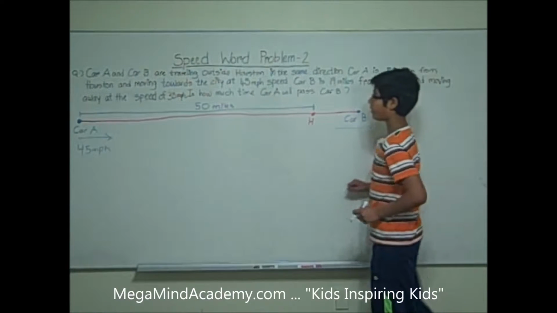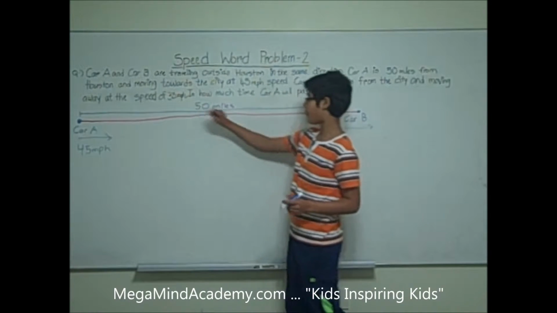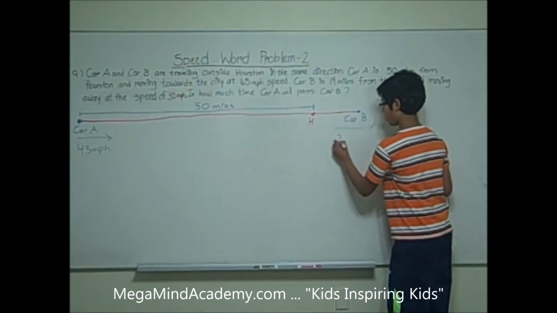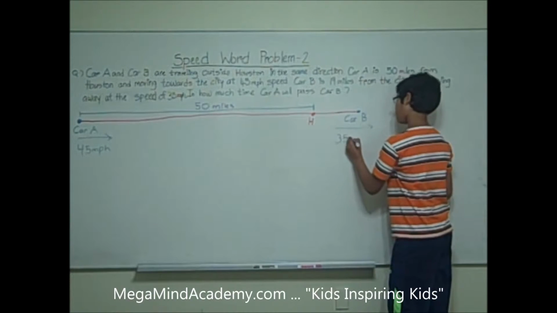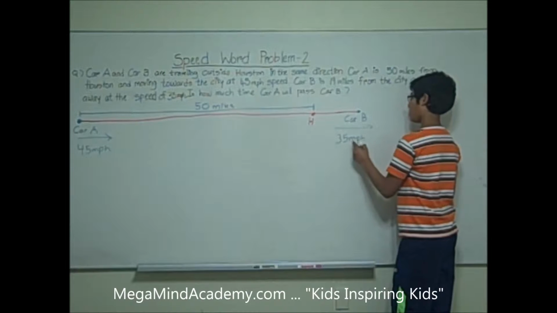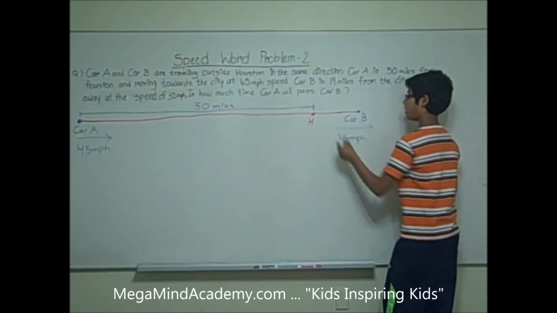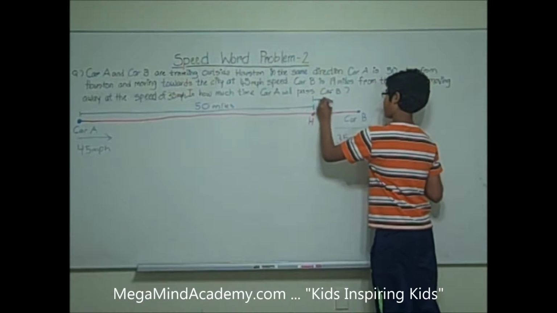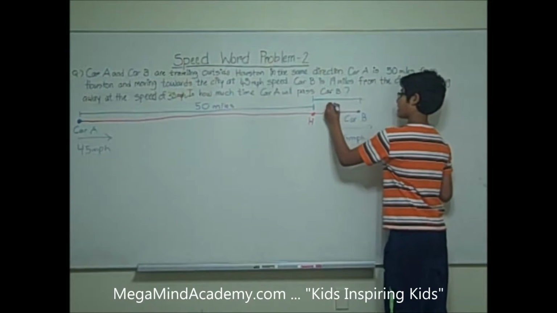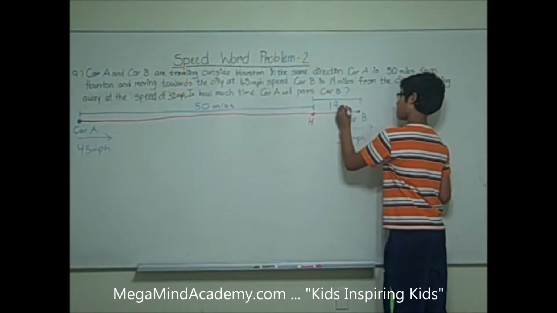Car B is traveling at the speed of 35 miles per hour, 35 mph, miles per hour. So this means that the distance from here to here is 19 miles.